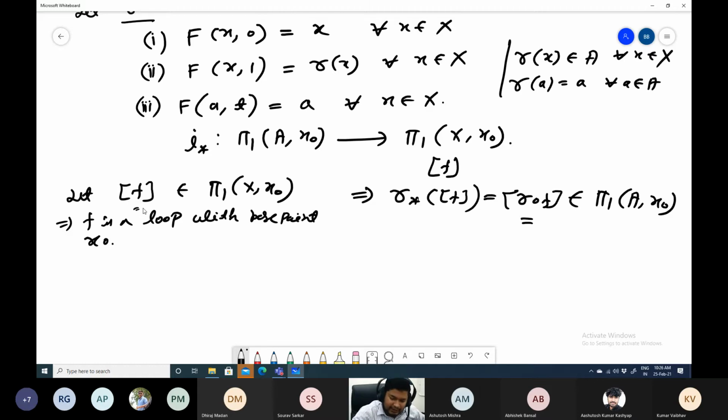Now tell me, if we are able to prove that R composed with f is homotopic to f, then are we done?